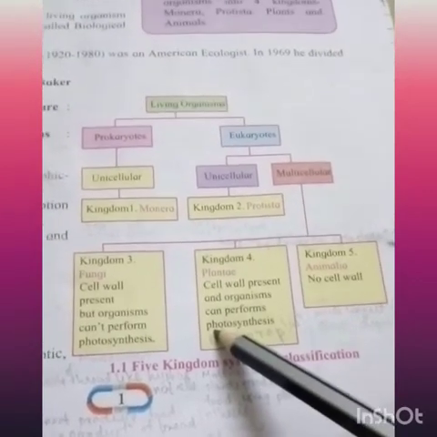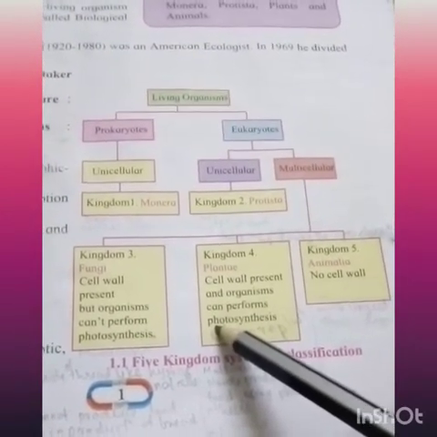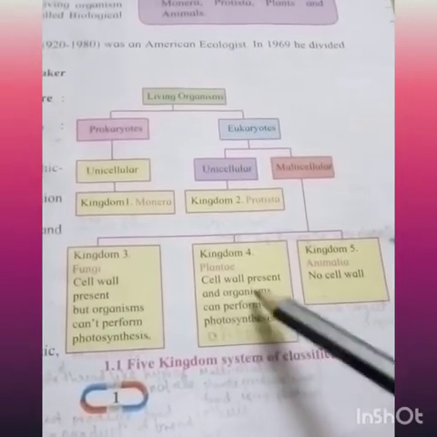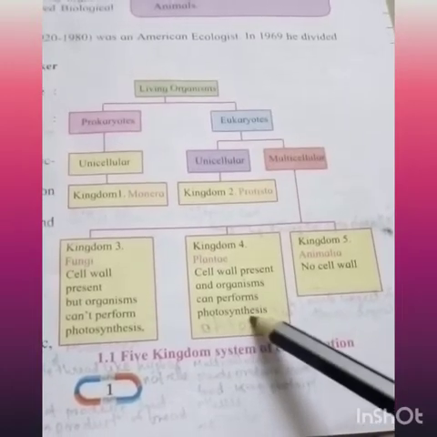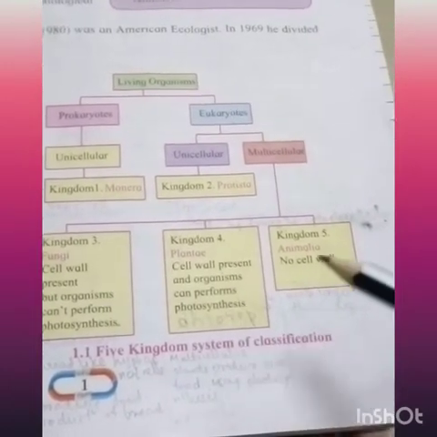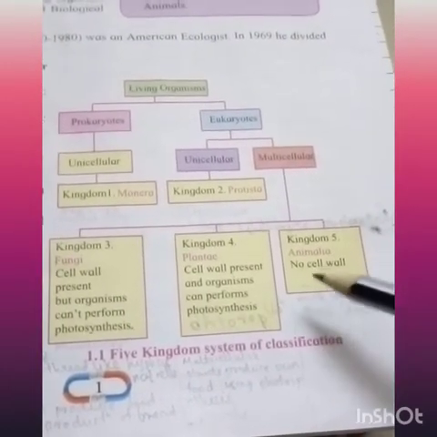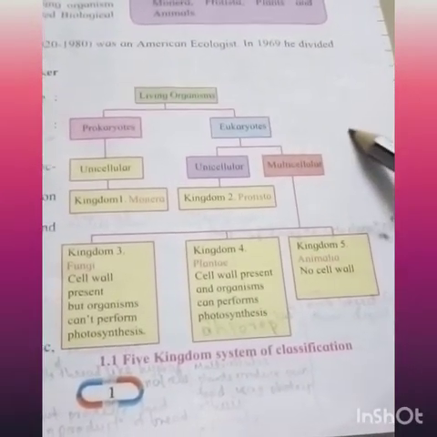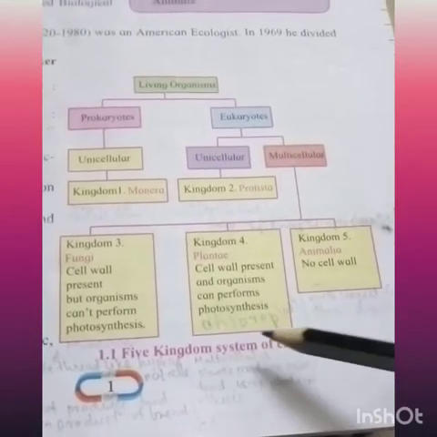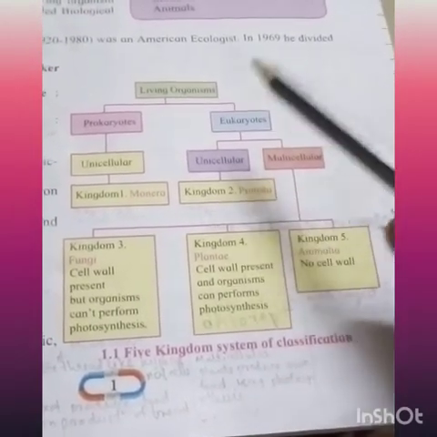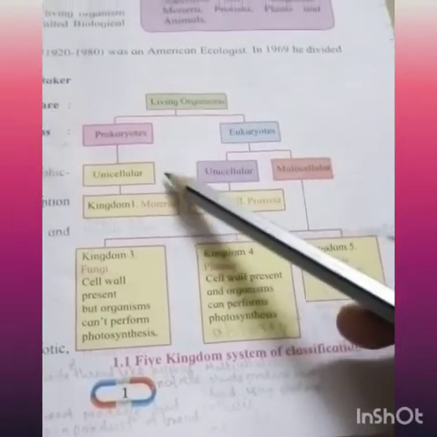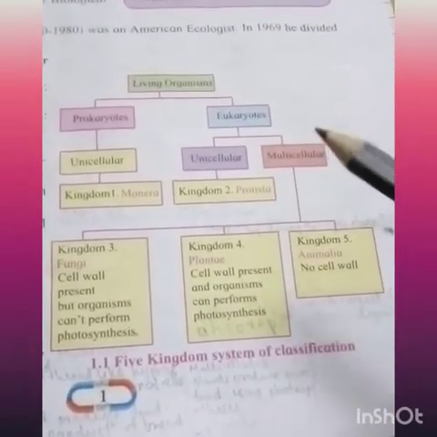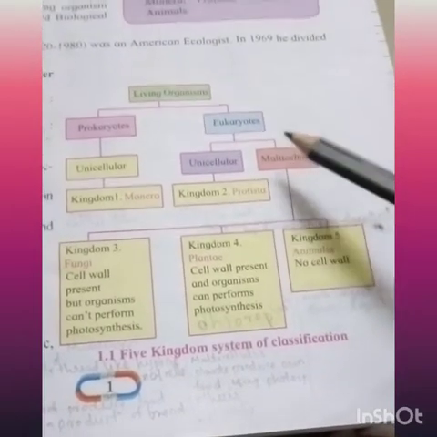Because the pigment chloroplast is present in the cell. So the chloroplast helps the plants to perform photosynthesis in the presence of sunlight. Kingdom 5, Animalia, no cell wall. Okay, so this is the diagram in which living organisms are classified into 5 kingdoms. Okay students, so this is so simple to understand.